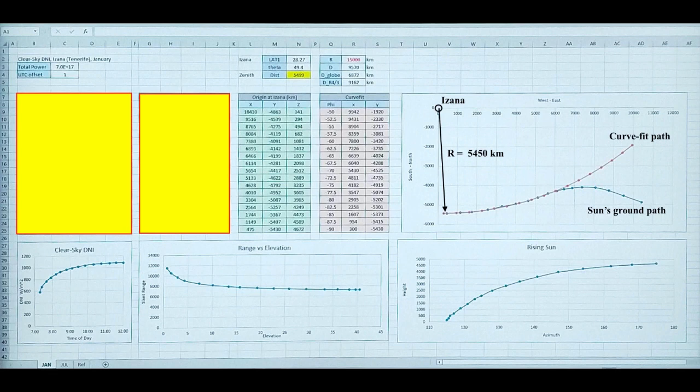The elevation angles are very low, and there is a lot of propagation through the atmosphere and dissipation of the solar energy. So it translates into a distance, but it's not accurate.